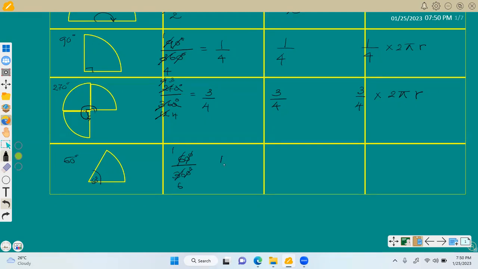Then the simplified fraction is 1 upon 6. So 1 upon 6 is multiplied by 2πr. You can complete that row also.